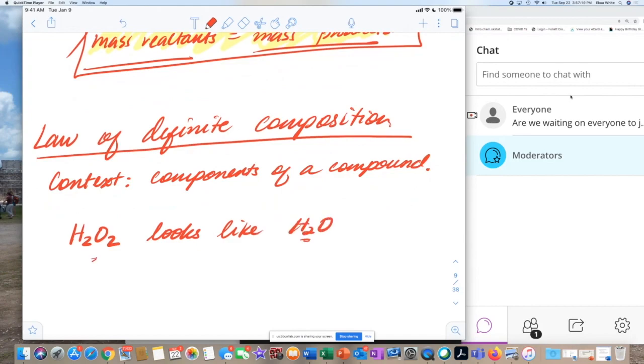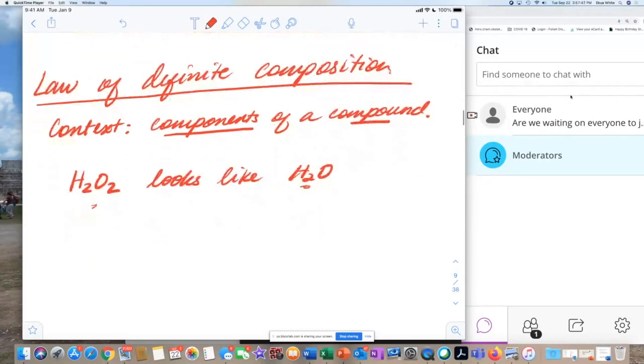So if somebody has a glass of hydrogen peroxide and a glass of water, they look alike. But how can you chemically tell one is not the other or one is different from the other? How can you tell? Well, you will look at the components. What is inside the compound? It will be like the ingredient of the compound. You will look at that.